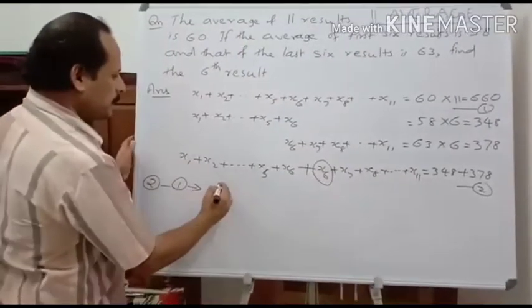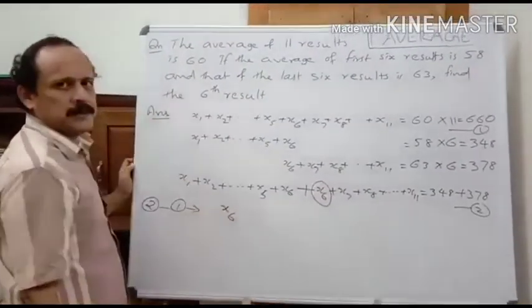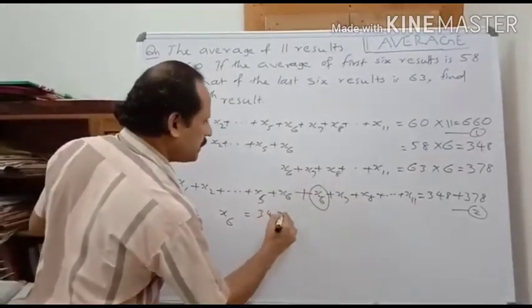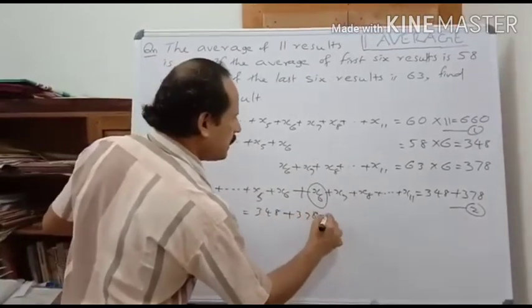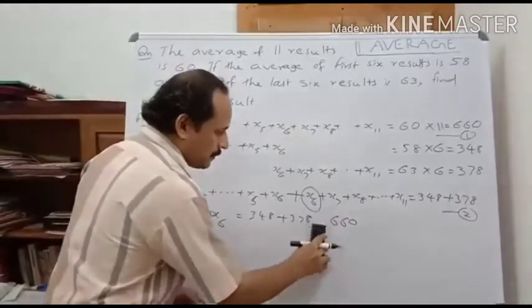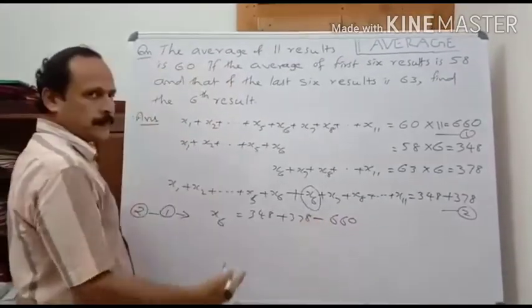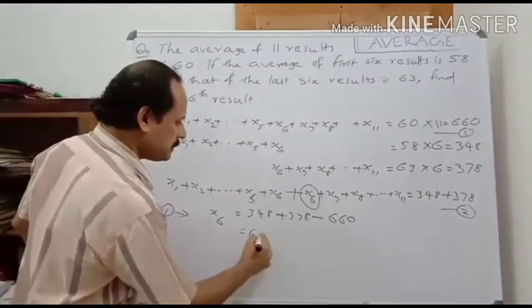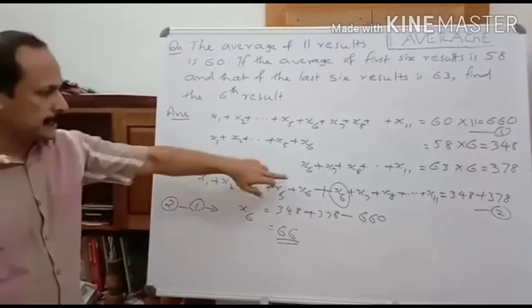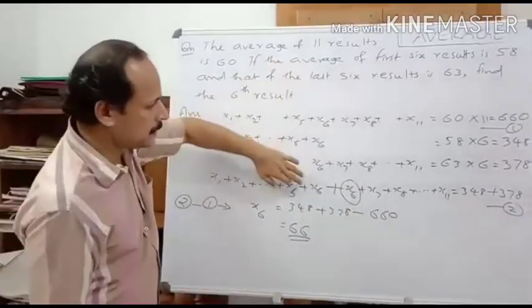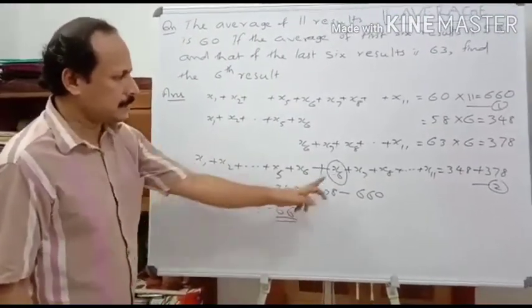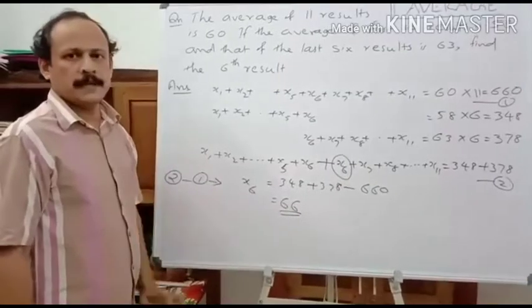Therefore on the left side there remains only x6 and the right side is 348 plus 378 minus 660. Simplifying this, you get 66. The technique used here is that when we subtract, only one x6 gets cancelled, one x6 remains, and thus we get the answer.